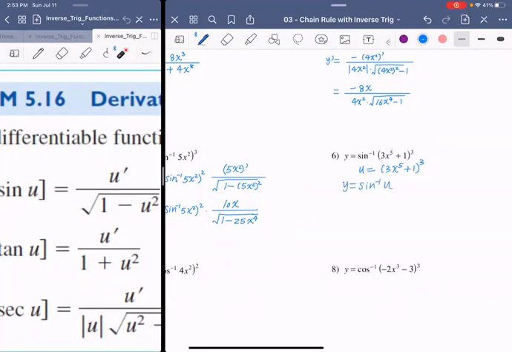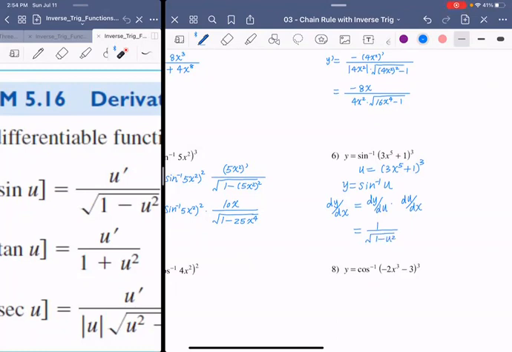Now we want to get dy over dx. dy over dx is dy over du times du over dx, correct? Who is dy over du? u is your independent variable, so you just do 1 over the square root of 1 minus u squared.